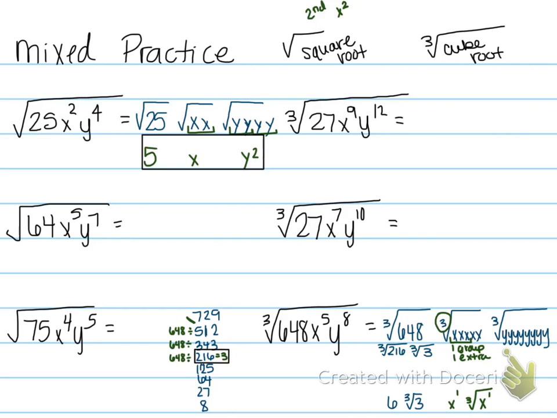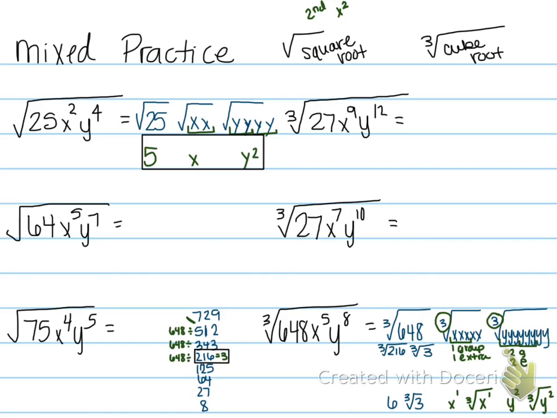Now we can do the y's. Once again, I'm going to circle my 3 to remind myself to put them in groups of 3. 1 group, 2 groups, and I have 2 extra. So I have y squared cube root of y squared.